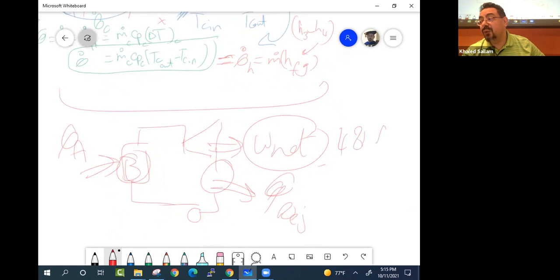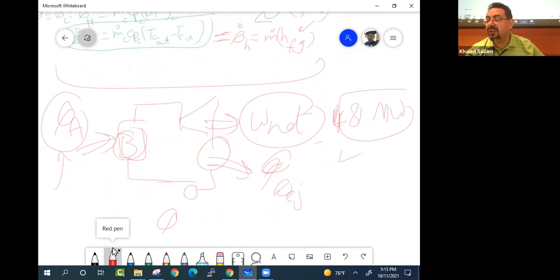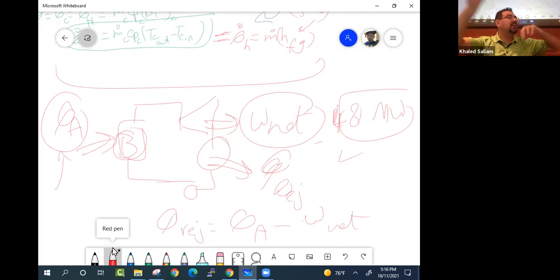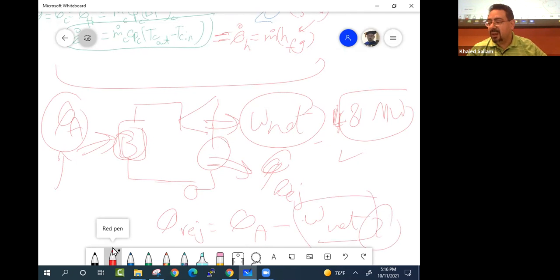The work net is 481 megawatt. So if only we can calculate Q added, we can calculate Q rejected, because Q rejected from the first law would be Q added minus work net, right? First law, Q added minus Q rejected gets work net. So we know work net, we are after Q rejected.